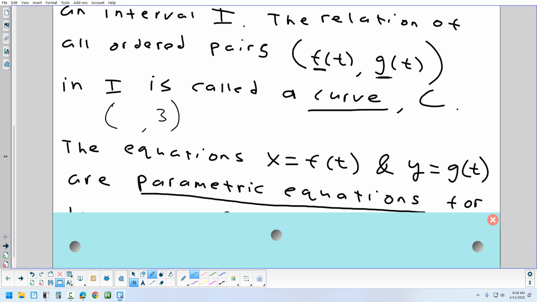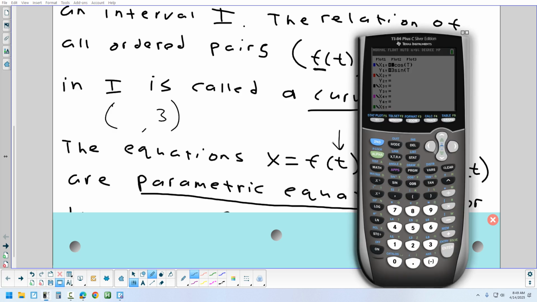And if you notice the variable they use, a lot of times when we do things in function notation, think of a line, y equals mx plus b. The letter that changes in y equals mx plus b, the independent variable, is x. When you do things parametrically, the independent variable is t. Right? They just use a different letter.